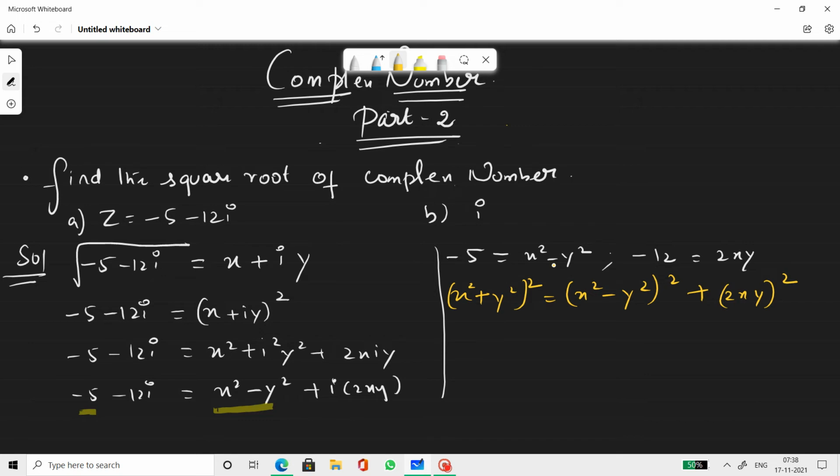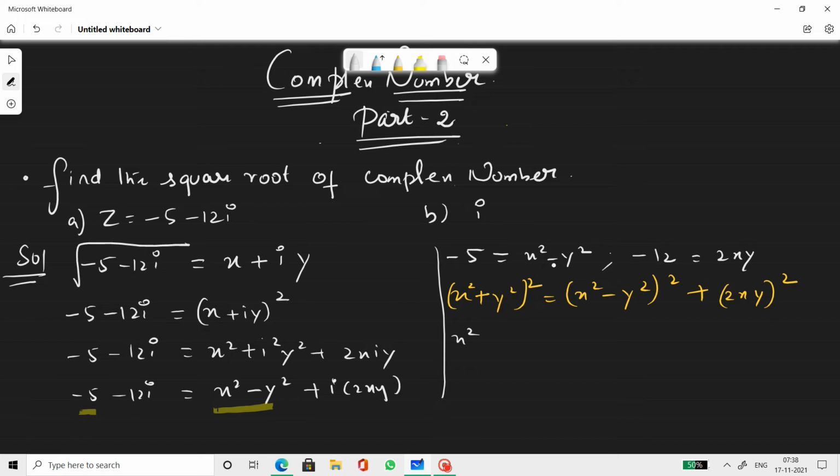Because when you expand x square minus y square the whole square, you get x power 4 plus y power 4 minus 2x square y square, and over here we have plus 4x square y square. So the result of that will be plus 2x square y square, which is nothing but x square plus y square the whole square. So using this conversion formula, I'm going to get one more equation.